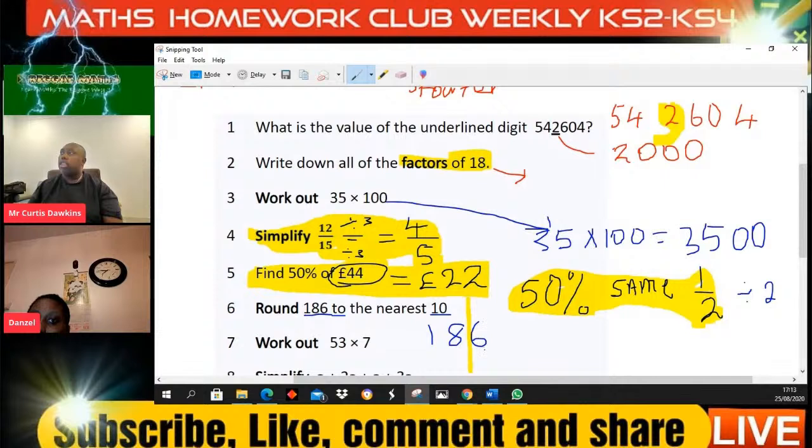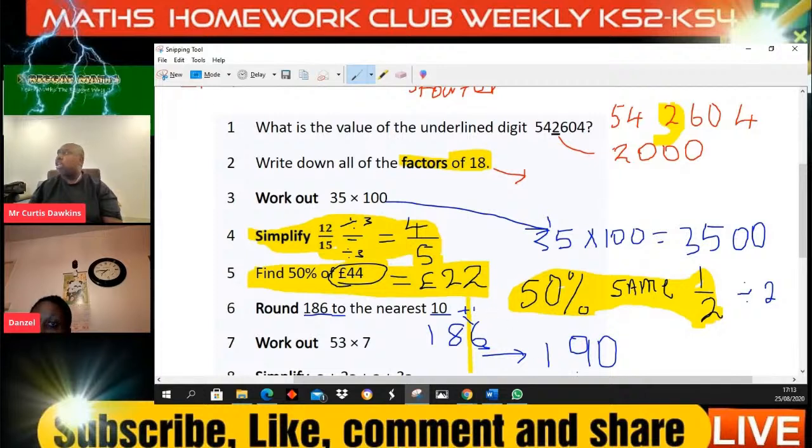If the unit is 5 or more, you then increase the 10 by 1. So if I'm rounding this to the nearest 10, it's going to be 190. Yes? Because this is 5 or more, I need to increase this by 1. I need to add 1, yes?